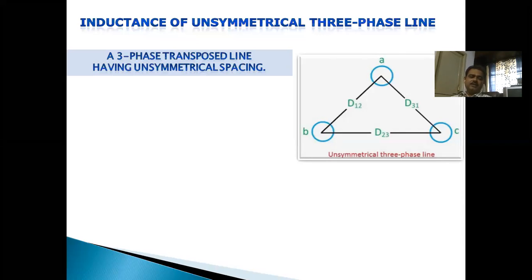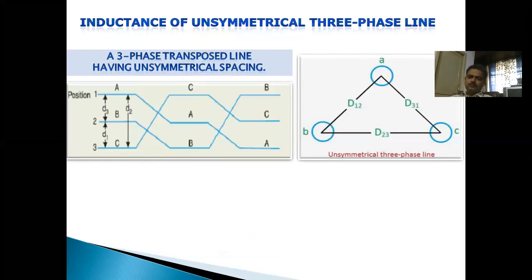That finally leads to unbalanced voltages at the load side. So that's why in most cases, to reduce these unbalanced voltages, the conductors are transposed. Okay, what is transposition?